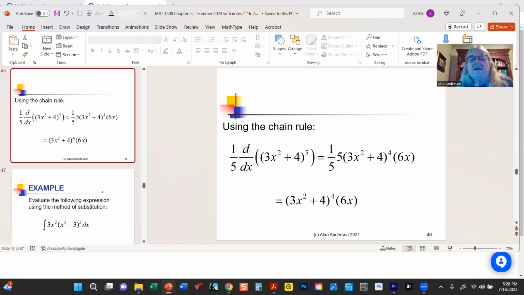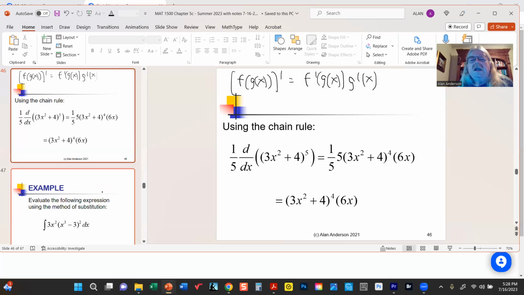And then remember how the chain rule works. We've got f of g of x, the whole thing prime, is f prime of g of x times g prime of x. So here, if you think of this as our g of x, that would indicate that f of x is x to the 5th.